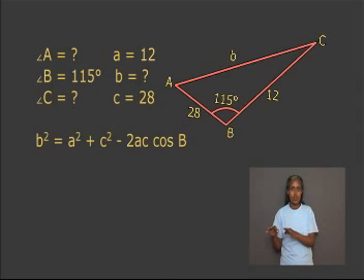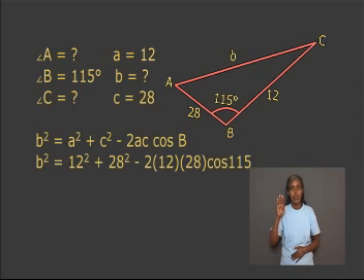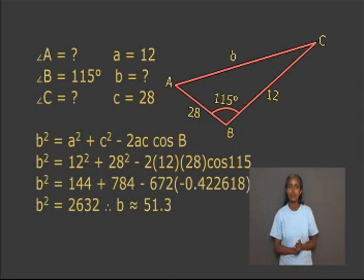By substitution, we find that b squared equals 12 squared plus 28 squared minus 2 times 12 times 28 times the cosine of 115. b squared equals 2,632. So b equals about 51.3.